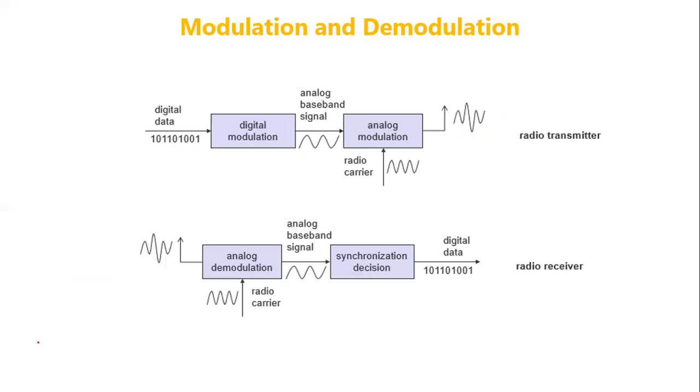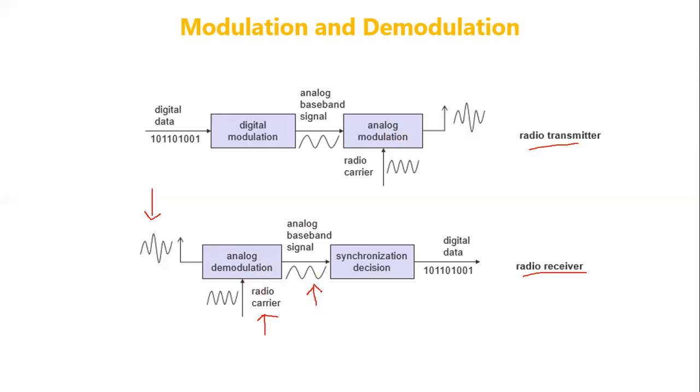And for demodulation, this high frequency signal transmitted by the transmitter will be received by a radio receiver. The receiver sends the high frequency signal through an analog demodulator. The analog demodulator applies the same carrier which was applied by the analog modulator at the sender end, performs demodulation, and separates out the baseband signal.